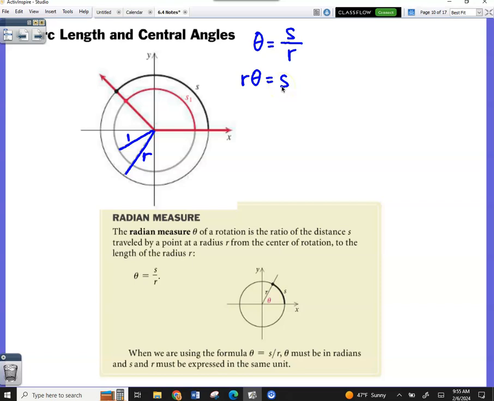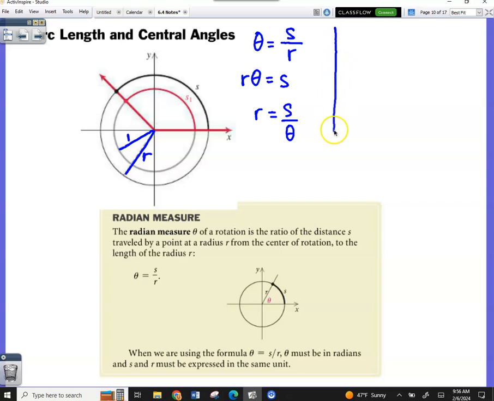So if I ever wanted S, then I could just multiply the radius times theta, and I'd have S. If I wanted theta, I could take S and divide the radius. If I want R, what needs to move? If I wanted R by itself, divide theta. So if I ever wanted R, I could take S and divide theta. All three of those mean the same relationship. It's just a matter of if you want a certain part by itself.